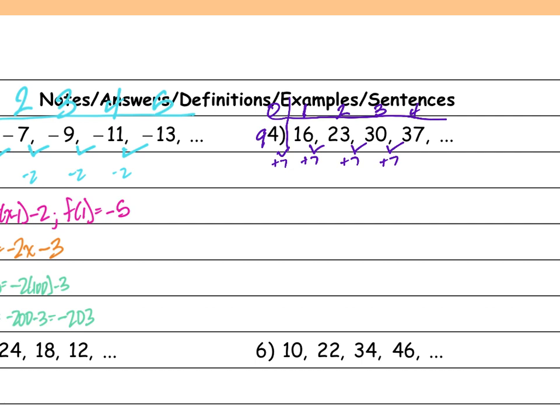So my recursive equation is going to be, to get my next term, I take my previous term and I add 7.